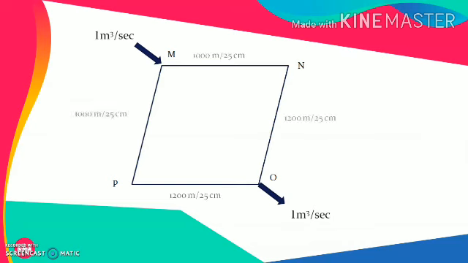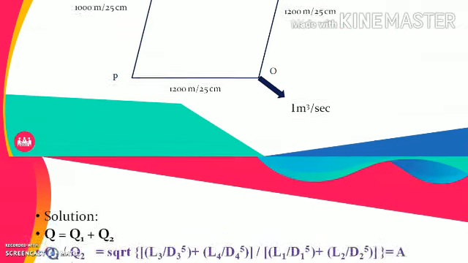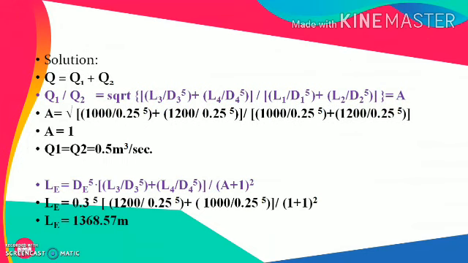Now we will mention the properties of every individual pipe segment in terms of its length and diameter. So solution, as we are aware, Q1 upon Q2 can be calculated in terms of A as the square root of L3 upon D3 raised to 5 plus L4 upon D4 raised to 5 upon L1 upon D1 raised to 5 plus L2 upon D2 raised to 5.